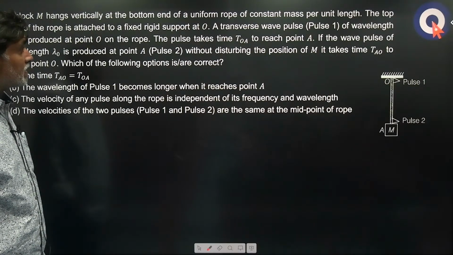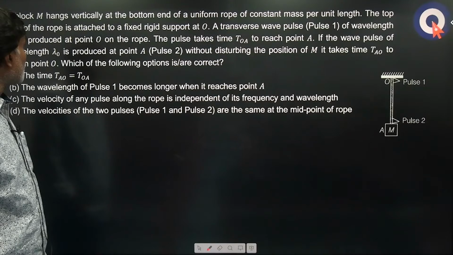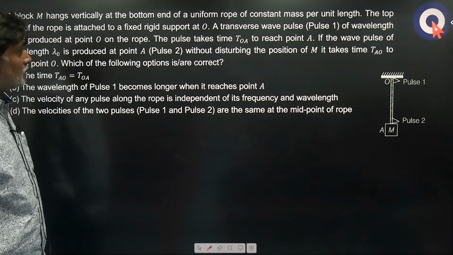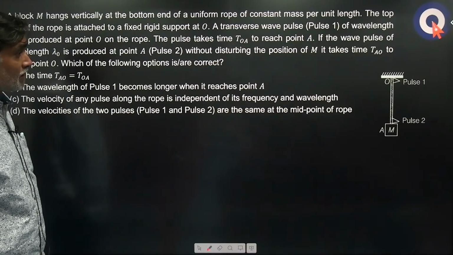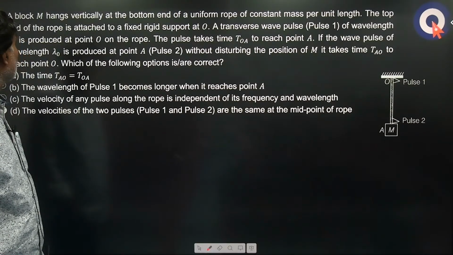The pulse takes a time T_OA to reach point A. If a wave pulse of wavelength lambda naught is produced at point A, pulse 2, without disturbing the position of capital M, it takes T_AO to reach point O. Which of the following options is correct?